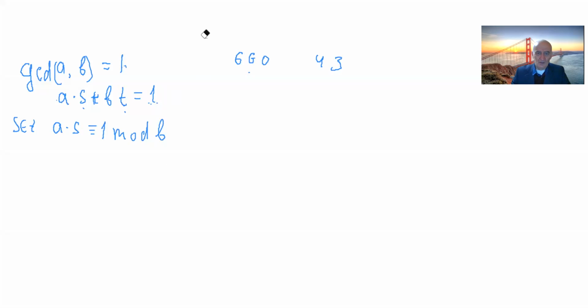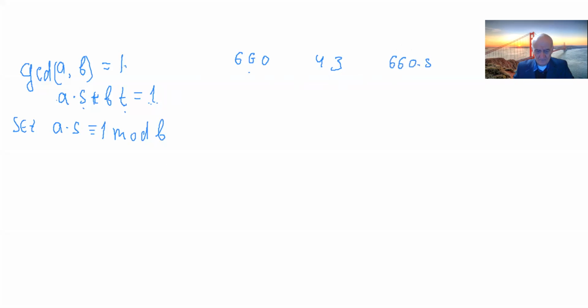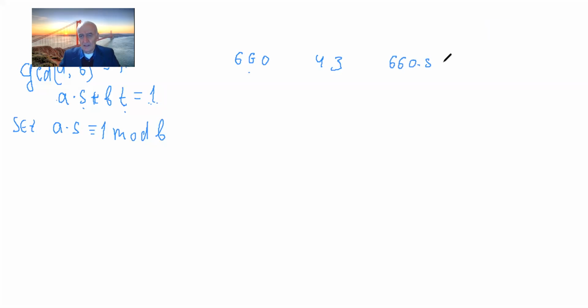Now let me continue. My goal is to represent 1 as a linear combination of the numbers. It means there exist S and T such that 360 times S plus 43 times T equals 1.